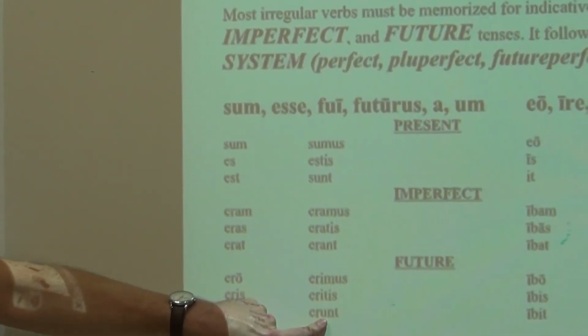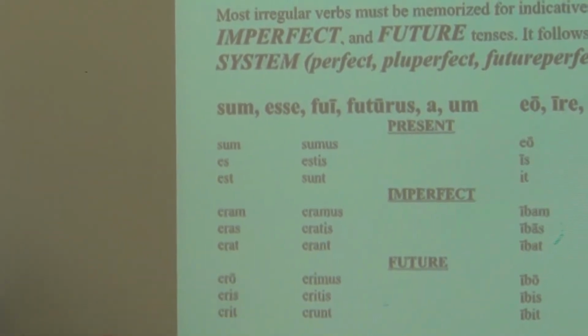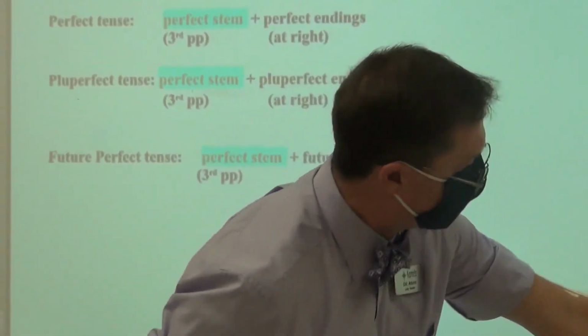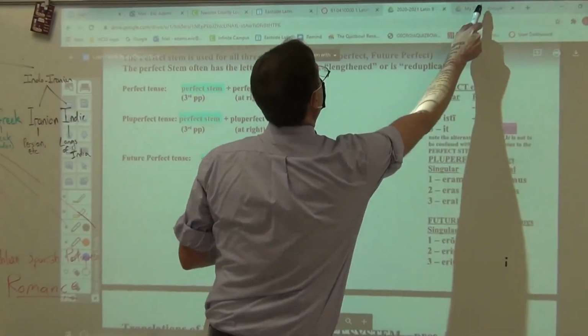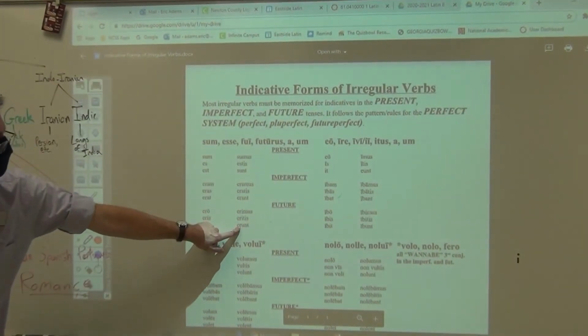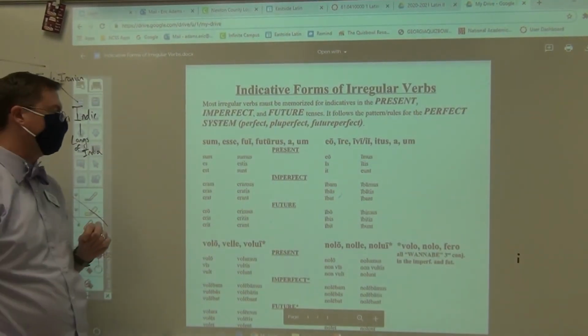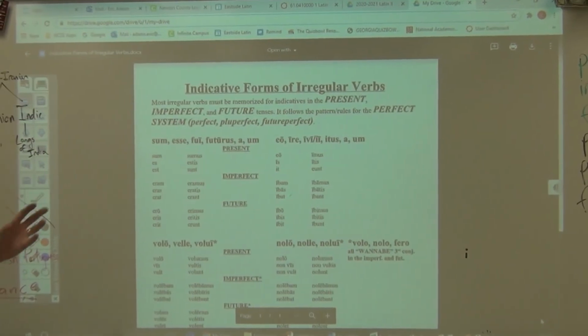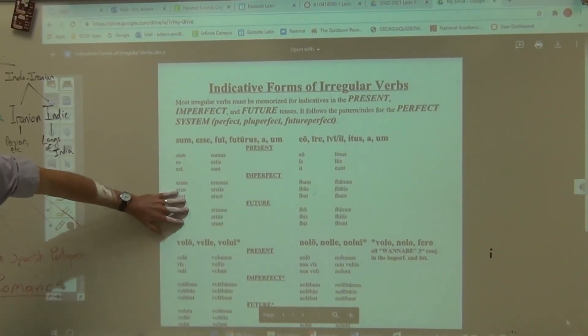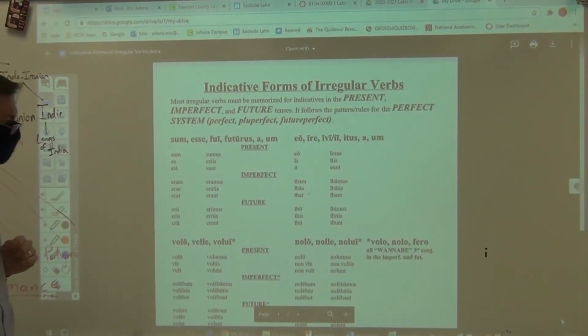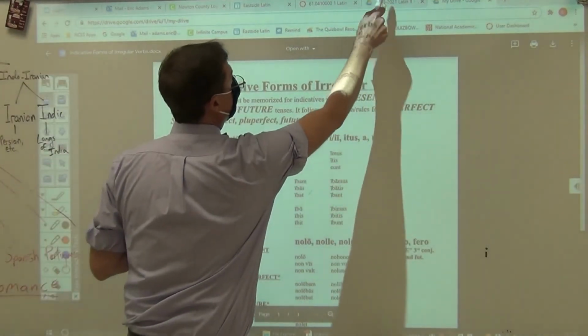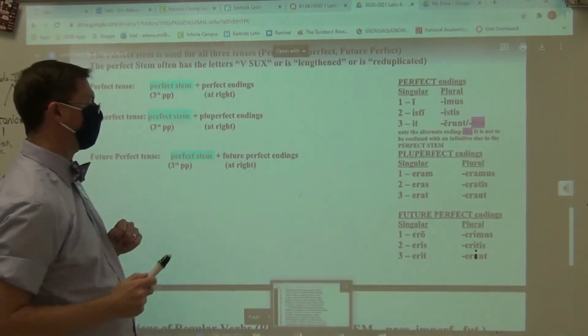When it is the word, it is erunt. When it is an ending, it is erint. Word, erunt. Ending, erint. And again, you will not confuse them because these are words not attached to a stem, whereas, of course, those will be.